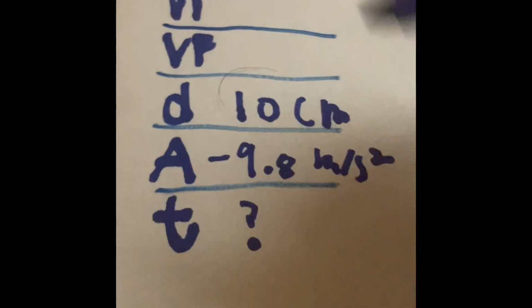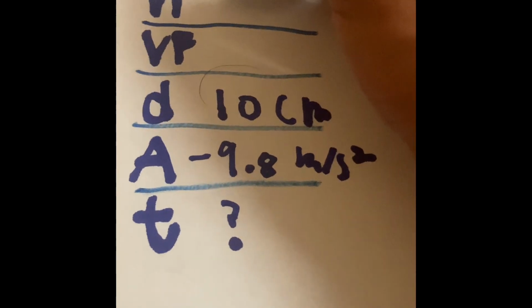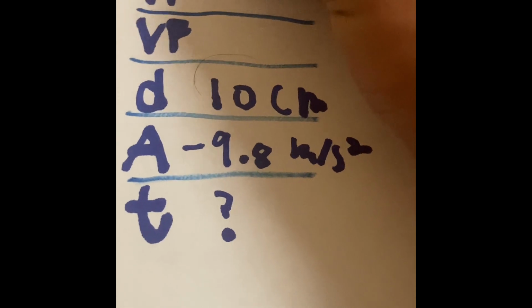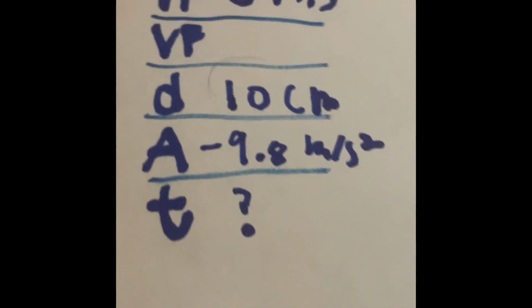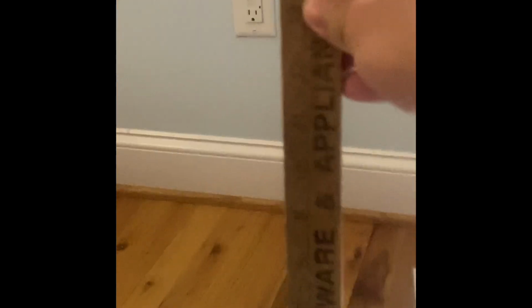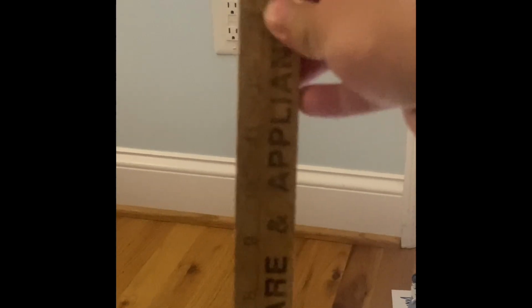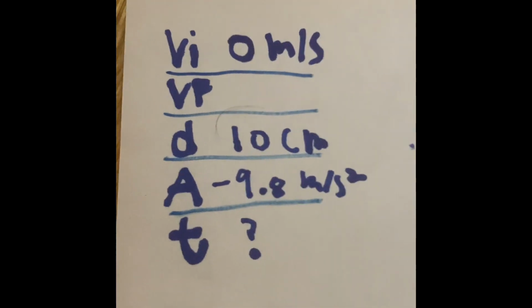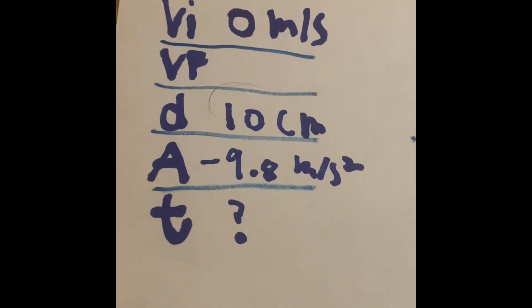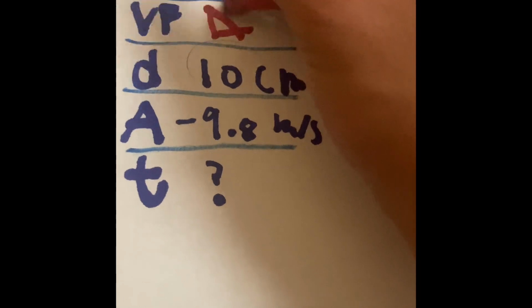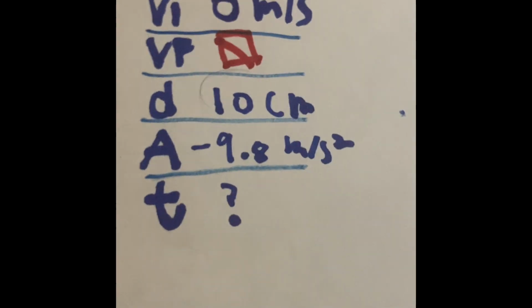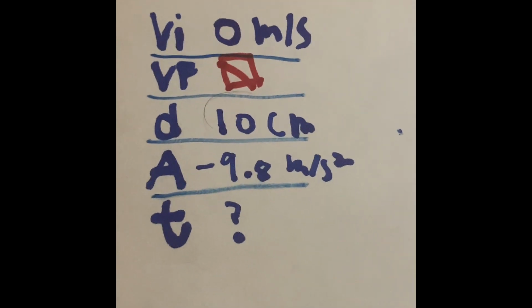We also understand that Vi is going to equal 0 meters per second, because at the start of the science experiment, someone or something has to be holding the ruler until it falls, which is technically the rules of the game. We have no idea what your final velocity is. So what we have to do is find out what t is.